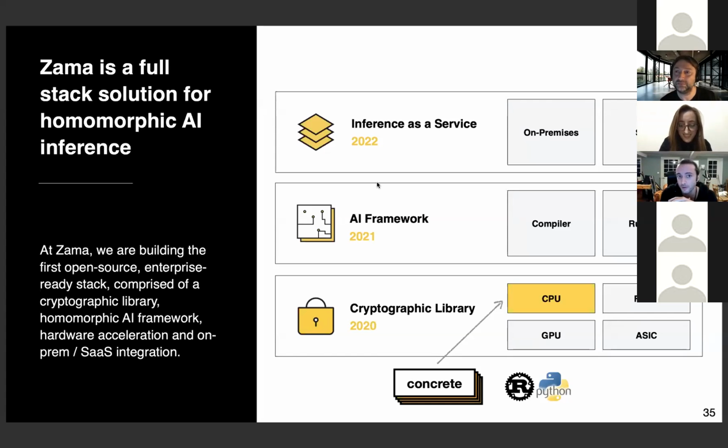And this is really the way we think about this at Zama: we want to build all the different layers so that anybody who wants to put it in production can do it without necessarily having to spend months learning about homomorphic encryption. Exactly. And it's a really big challenge. Today we're only talking about cryptography, but really this AI framework layer on top of it is extremely complicated. And it's also something we're pretty excited about open sourcing down the line.